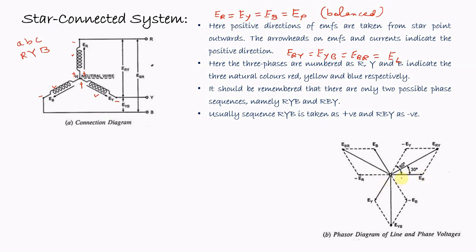Y phase is lagging the R phase by 120 degrees, so Y phase is drawn here. So this is the Y phase, this is the R phase. And again the B phase is lagging 120 degrees from the Y phase. So here it is the B phase. And B phase can also be considered as leading ER by 120 degrees, or lagging ER by 240 degrees.